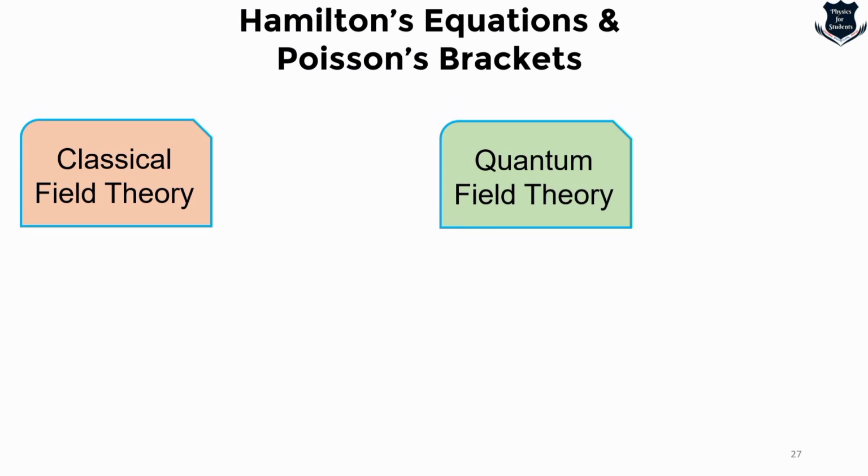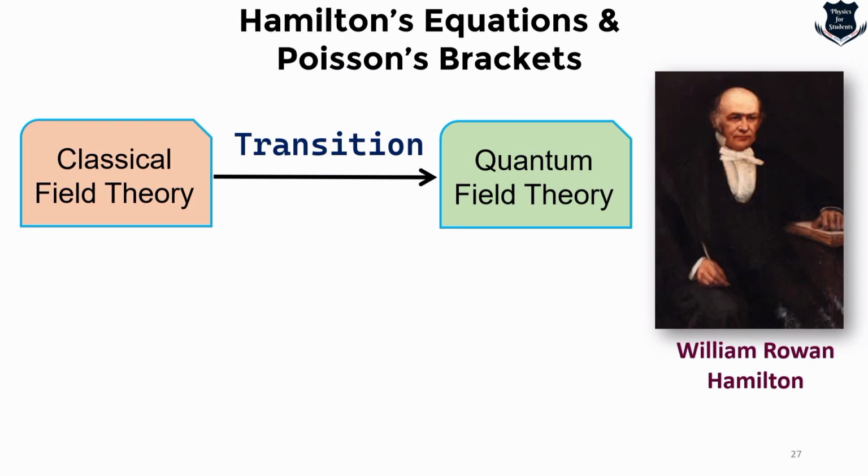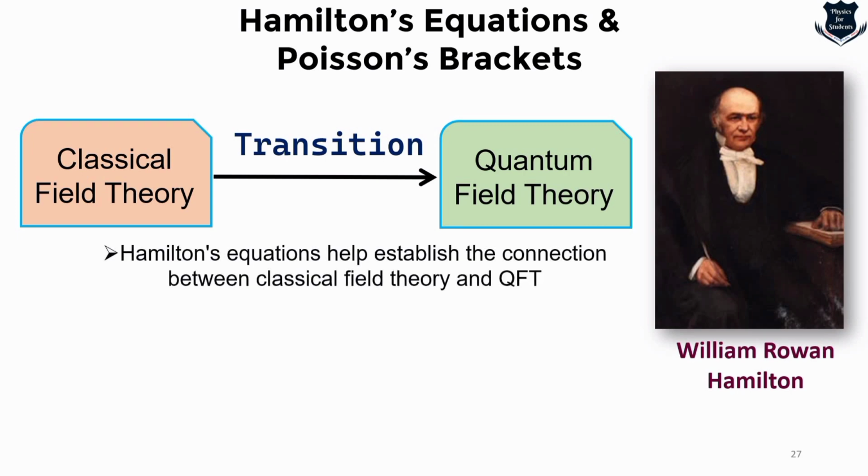You need to understand that when we are moving from classical field theory to quantum field theory, there is something called a transition. I'm not going into the mathematics, which I will deal with in a separate lecture. This transition is actually done by Hamilton's equation. Number one, it establishes the connection between classical field theory and quantum field theory.